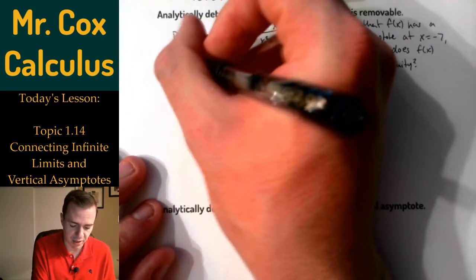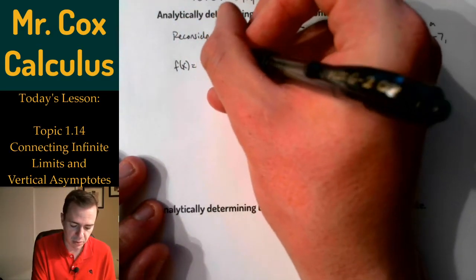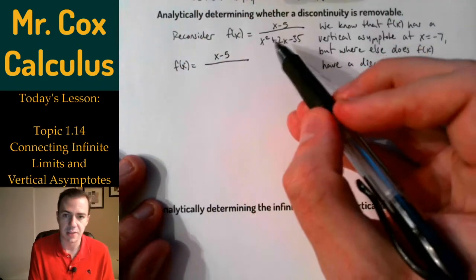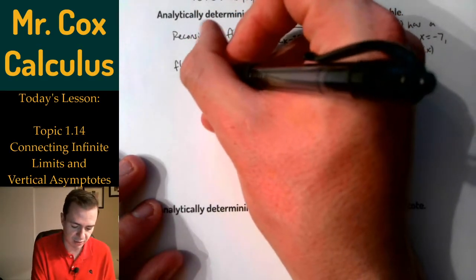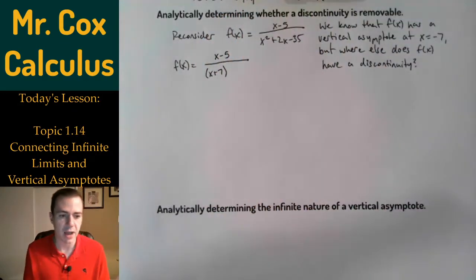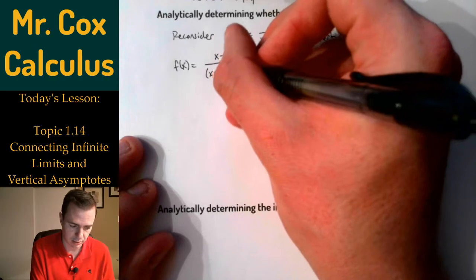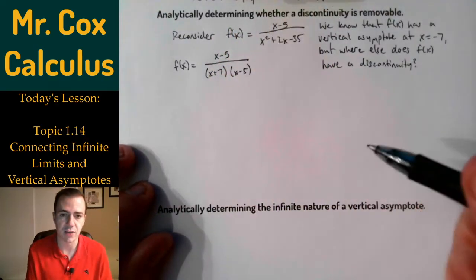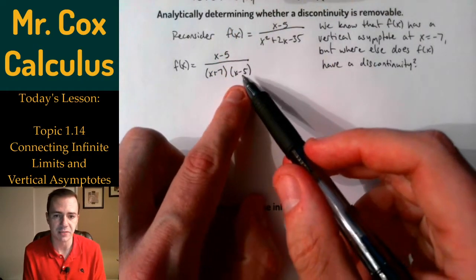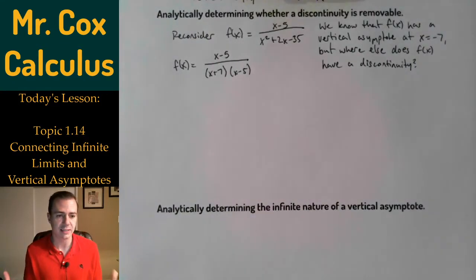Let's look at f of x equal to x minus 5 over... This does factor. We get x plus 7, which was why we had that asymptote at -7. But our other factor is x minus 5. So we know because of this right here that there is a discontinuity at x equals 5.